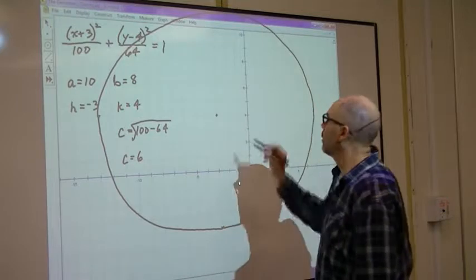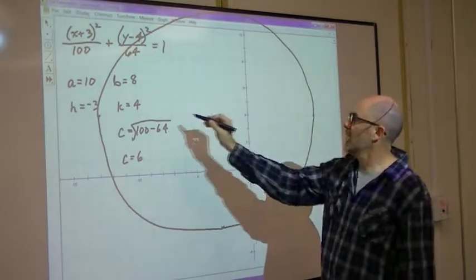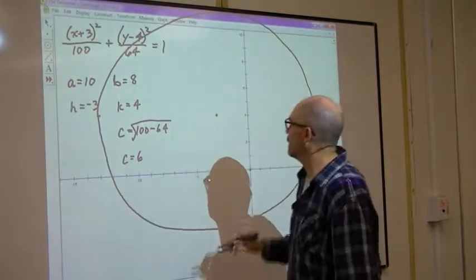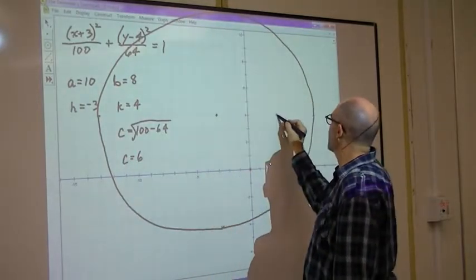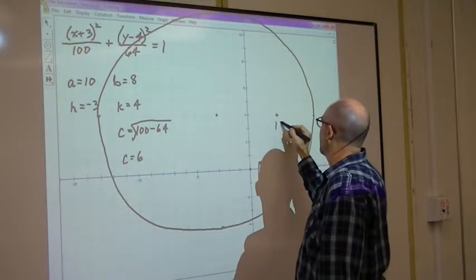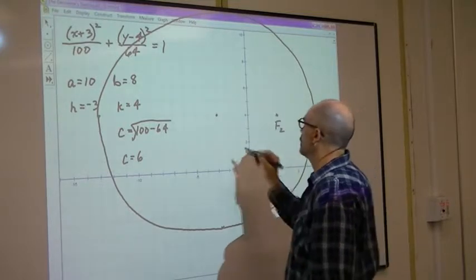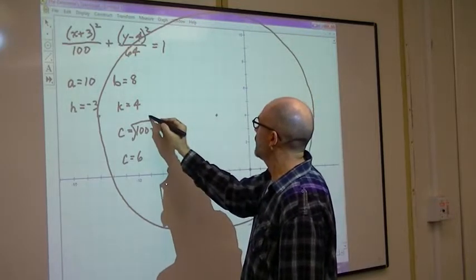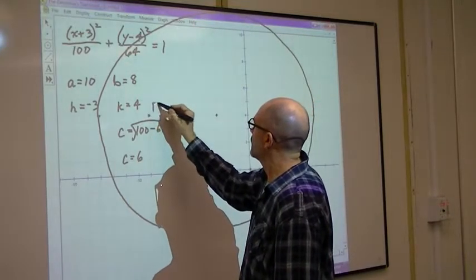That means c is in the horizontal direction because that's our major axis. So we go 6 right and 6 left. Here would be focus number 2, and 3, 4, 5, 6, there's focus number 1.